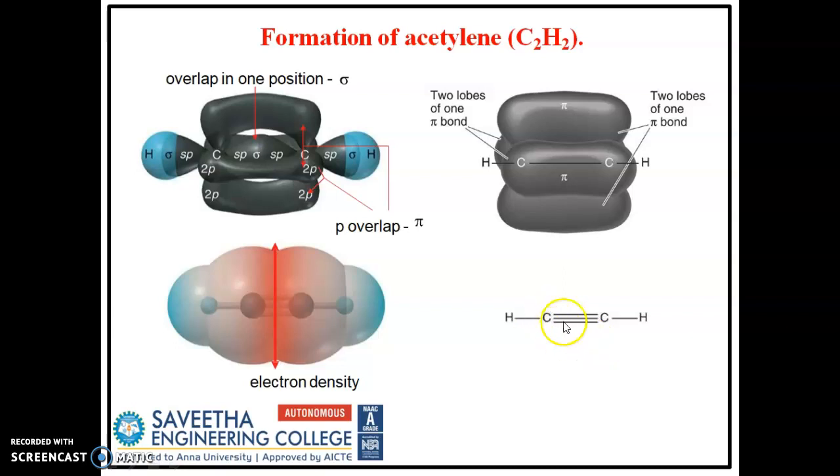The sigma bond between carbon and carbon is formed by overlapping of the px orbitals of carbon, and the pi bonds between the two carbon atoms are formed by sidewise overlapping of px and py orbitals of the two different carbon atoms. And the bond between carbon and hydrogen is an sp overlap.